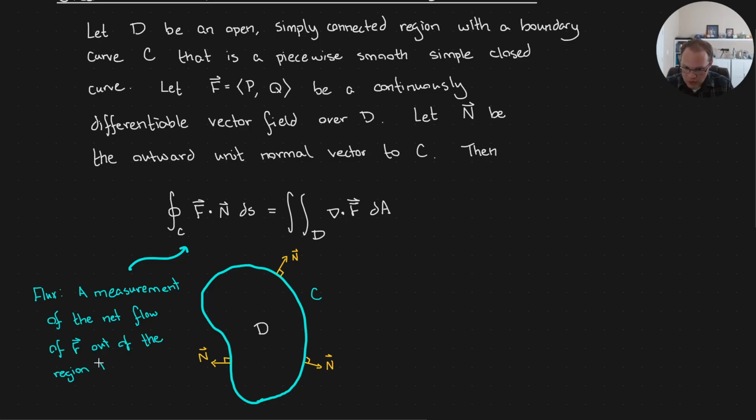If you're going to flow out, you have to go through the boundary. And so that's what we're measuring. We're measuring the flow out of the boundary.